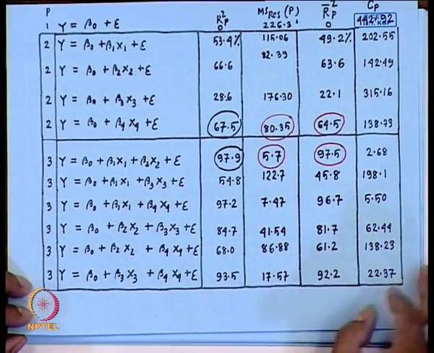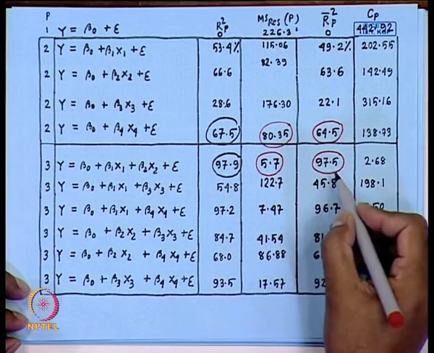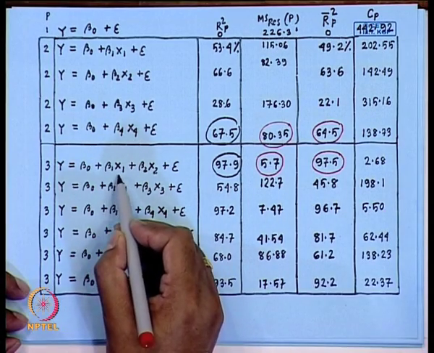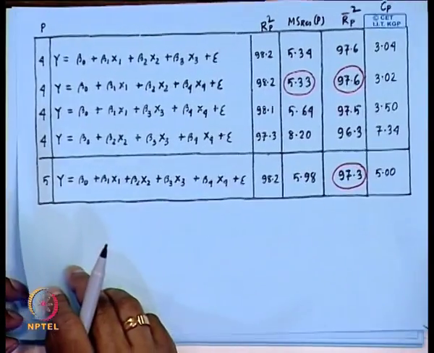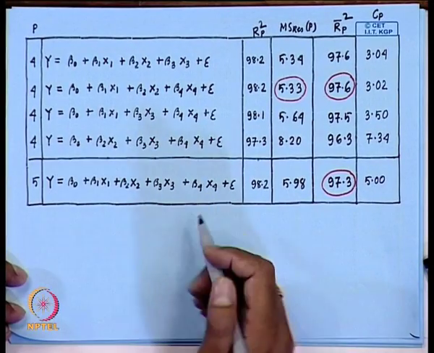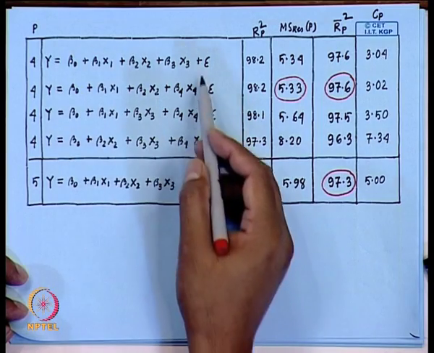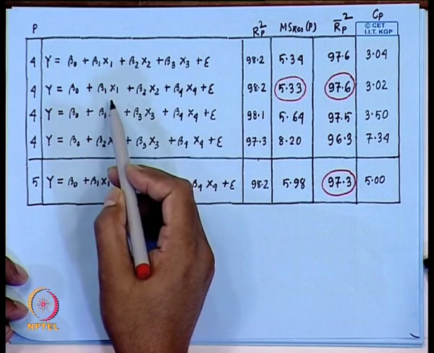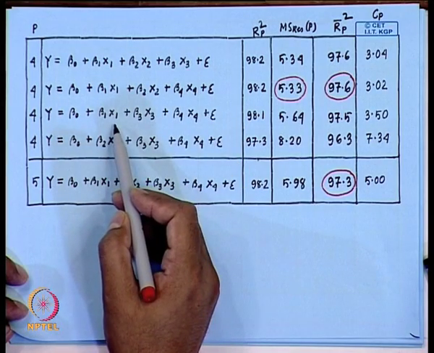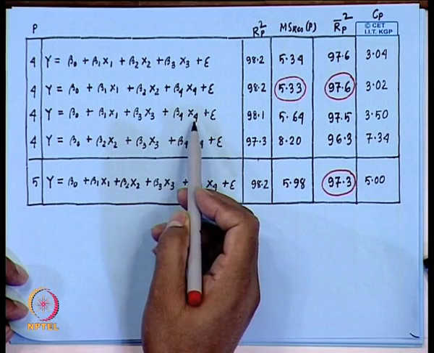among the two regressor models, this one is the best, the model involving x 1 and x 2. And among the 3 regressors models, all 3 are good: the models involving x 1, x 2, x 3; x 1, x 2, x 4; and x 1, x 3 and x 4.